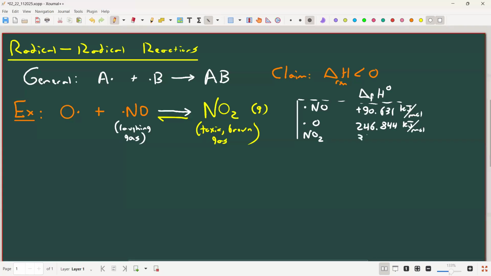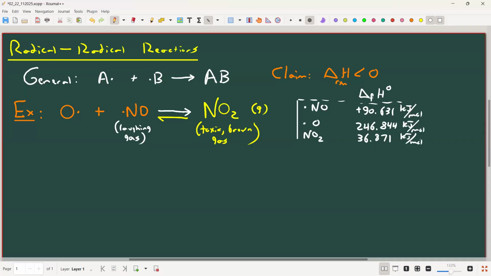And NO2 has a formation enthalpy of 36.781. So relative to the reference species, which of course are N2 and O2 for this system, these are all higher enthalpy. It's not surprising that O, for instance, is much higher enthalpy than O2. Remember, by definition, O2 has enthalpy 0.